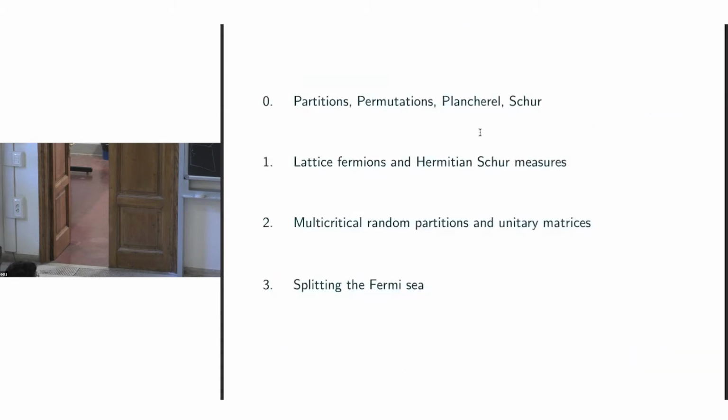So with that introduction done, I'll explain what Hermitian Schur measures are, and then talk about exactly that result and how this corresponds to something that came from physics, and also the advantage of using this more algebraic approach with random partitions.